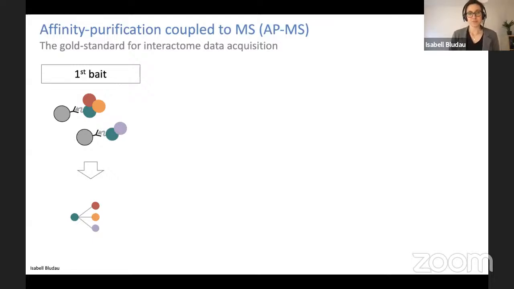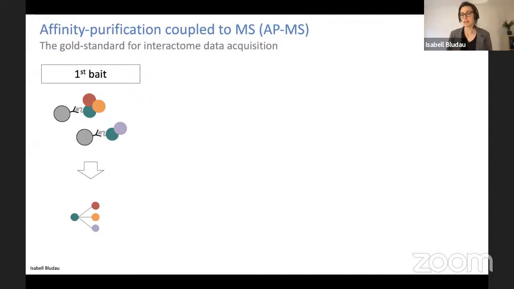In APMS, you select a specific bait protein, and then you fuse an affinity tag to the protein, and then you can lyse the cell under mild conditions to keep protein complexes intact, and then pull down the bait by the affinity tag, and this will not only give you the bait protein, but it will also pull down all of the interacting proteins.